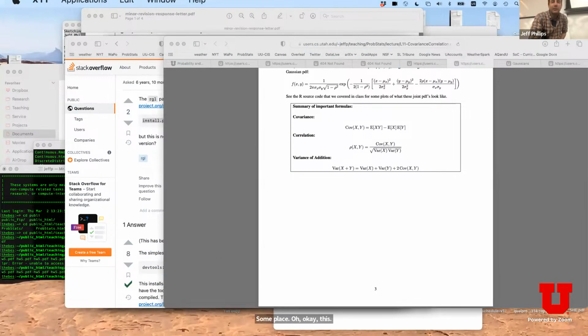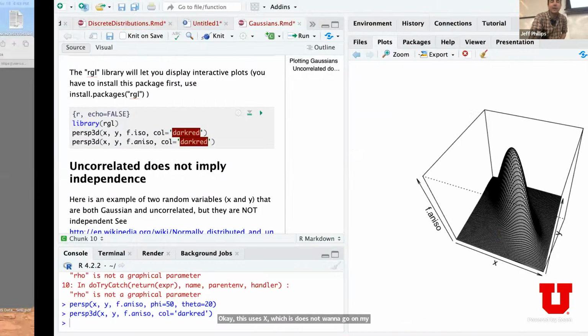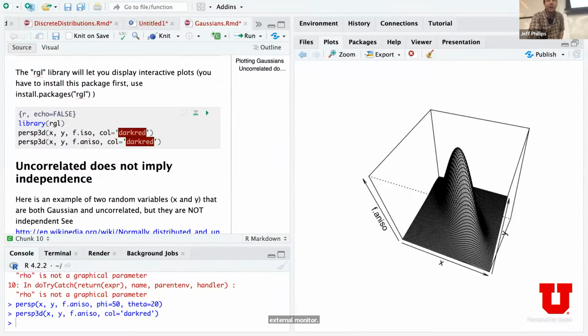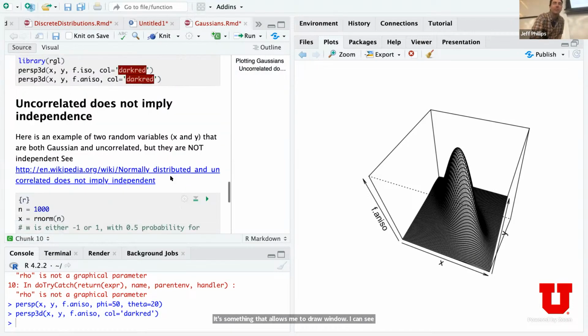This uses X, which does not want to go on my external monitor. Okay, there. I can see something really cool where I can rotate this around. Maybe you'll play with it yourself. Who even knows what X is? Okay, it's something that allows me to draw a window. I can see a plot and move it around. You can probably play with this on your own.